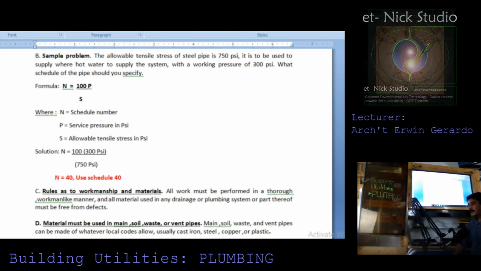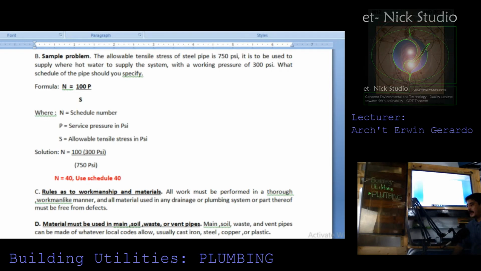Formula: N, or the schedule number, equals 100P divided by S, where N is the schedule number, P is the service pressure in psi, and S is the allowable tensile stress in psi.